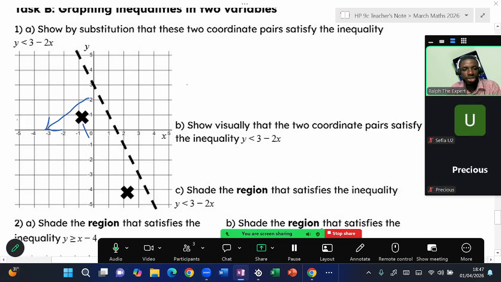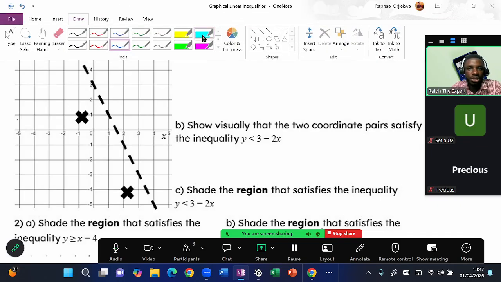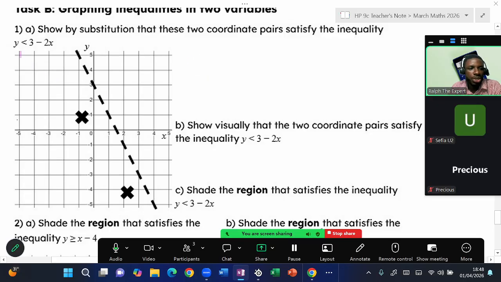Let me just shade the two parts of the graph. I'm going to shade one with purple. I will shade one with yellow. So this side I will shade with purple, just right here along the line all the way here.